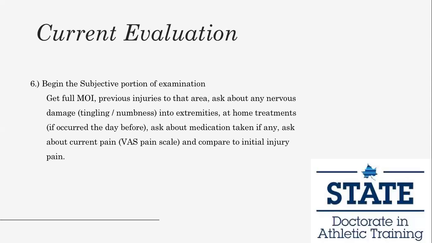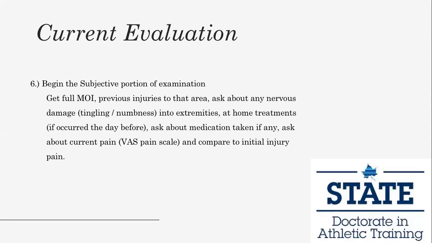Next thing, I ask them what their current pain is. I usually use a visual analog scale with the faces on it, just because I think high school student athletes can better conceptualize where their pain is at through a visual mapping of their pain.